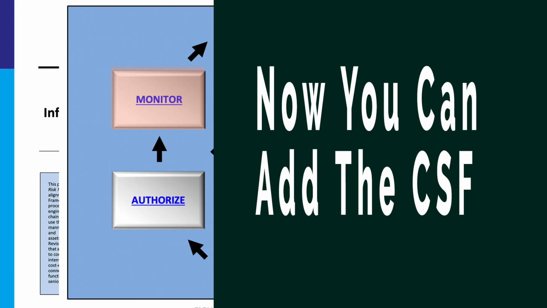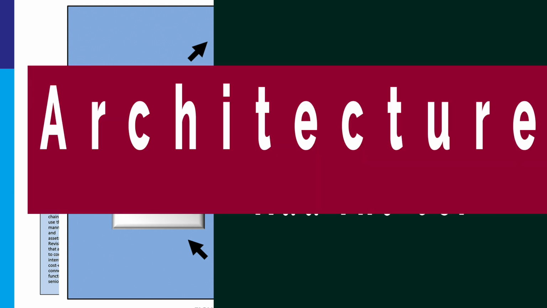At any rate, let's move on to the final piece. A piece I'm sure most of you nerds that suck at Zero Trust have been looking forward to, and that is architecture. Now, warning you, this is not a full-blown deep dive into the architecture. This is just a general overview.